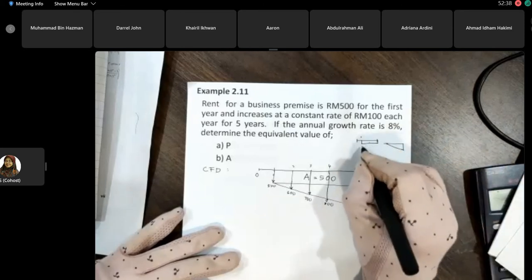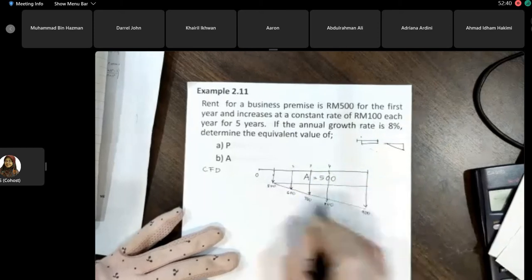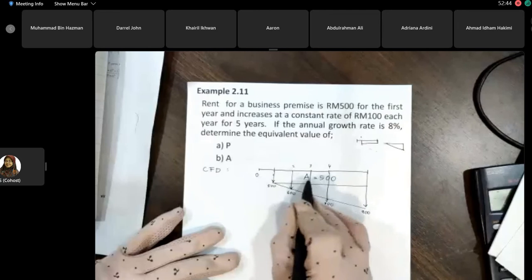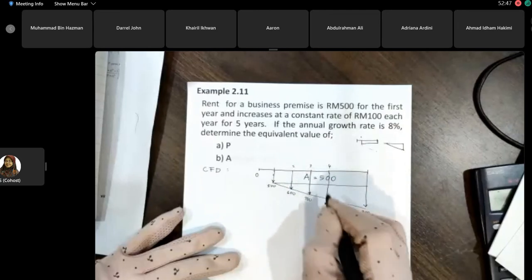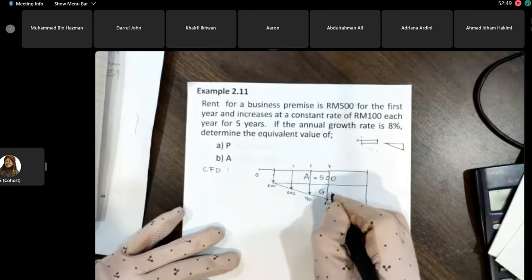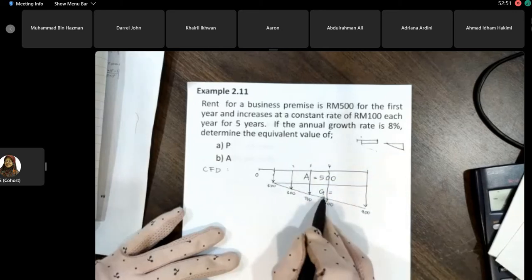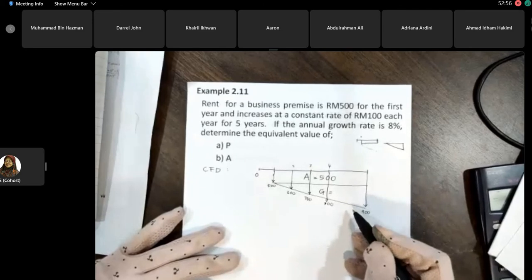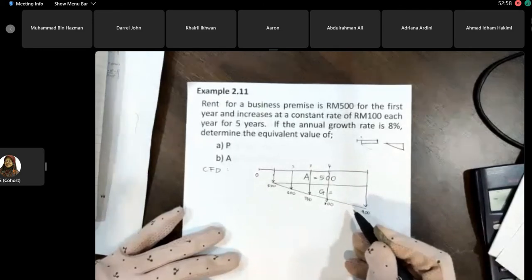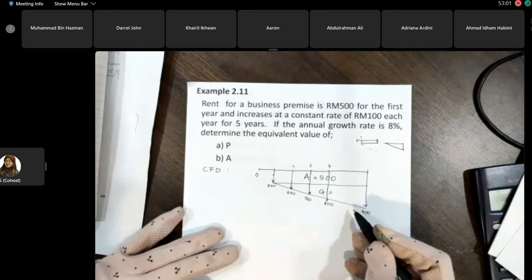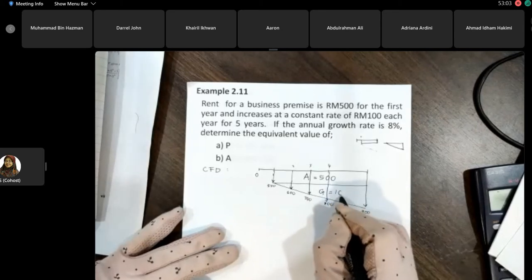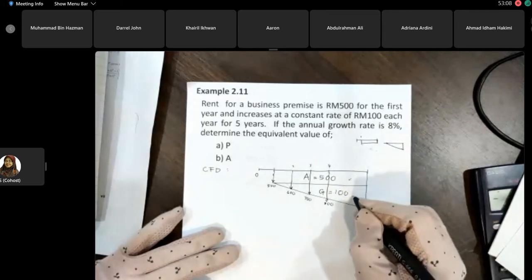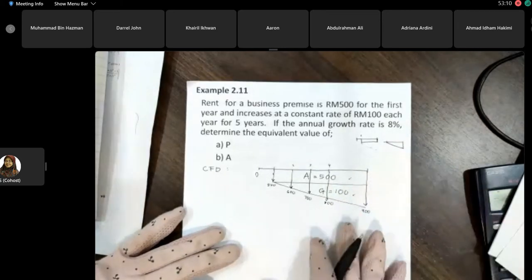And triangle bukan macam ni. Not like this one. It must be triangle. So you have to split A and G. So you have A and you also have G. What is the G value here? What is the increase per year? It is amount kan. So what is the increment? 100. Okay, 100. So you have to calculate for the A and also calculate for G.